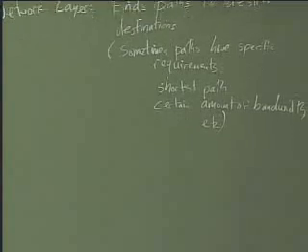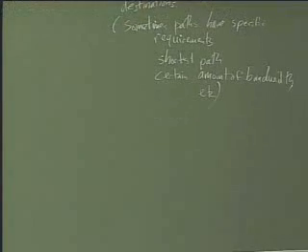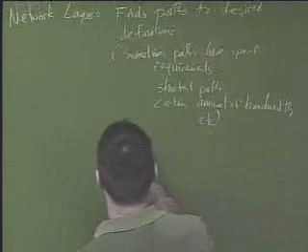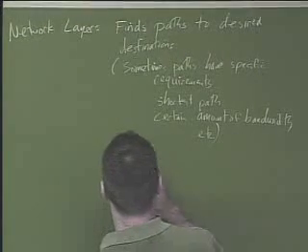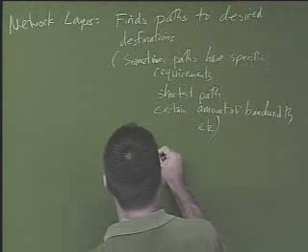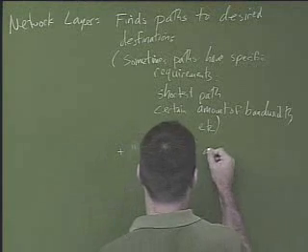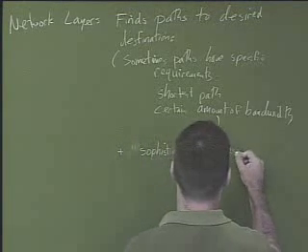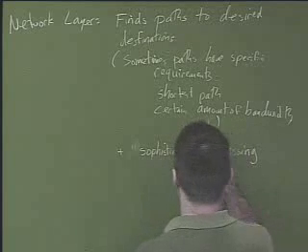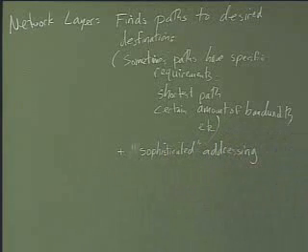And something else that we're going to talk about in the network layer is what's called addressing. Or let's just say sophisticated addressing. And what I mean by sophisticated is I would even consider the post office's addressing system to be sophisticated.